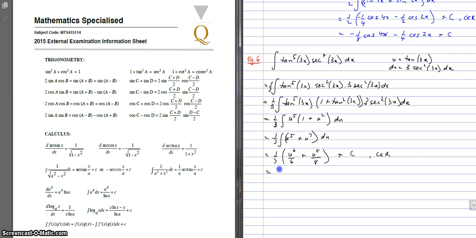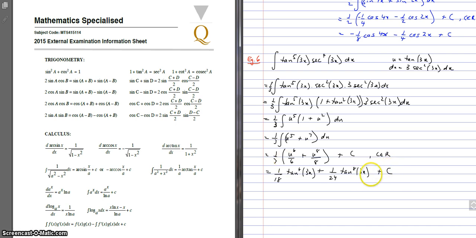So we'll have 1 over 18 of tan power of 6 3x plus 1 over 24 times tan to the power of 8 with 3x plus c, and that's our finished result.